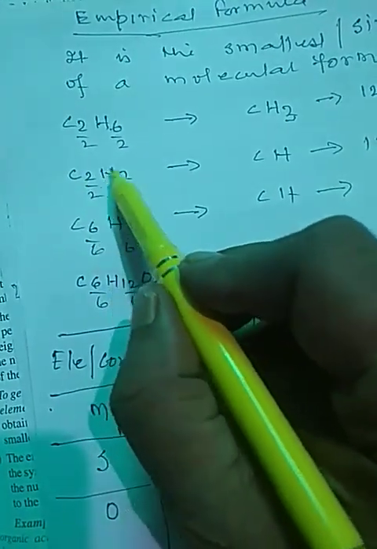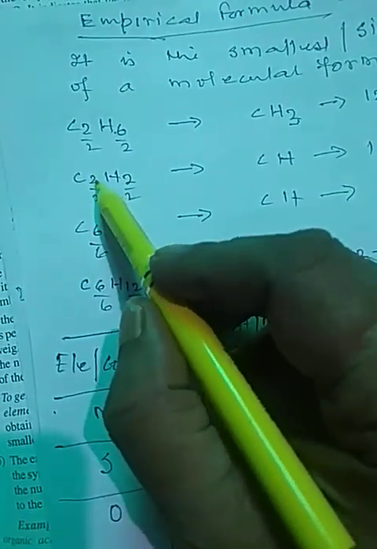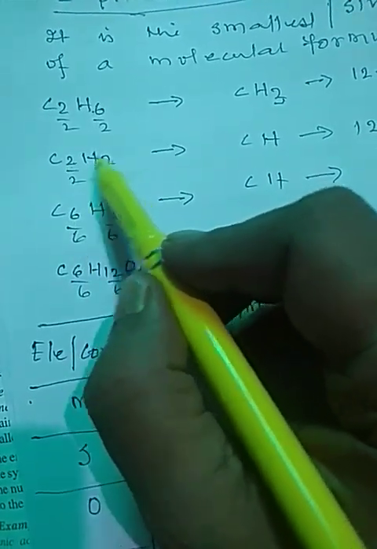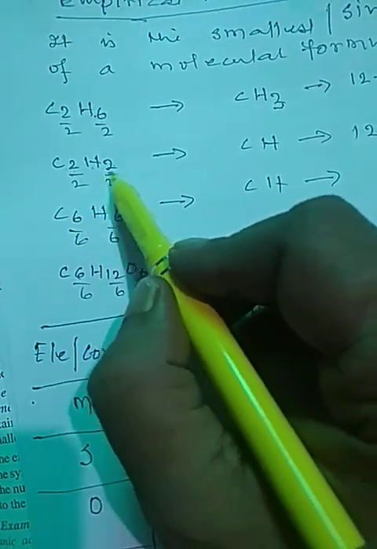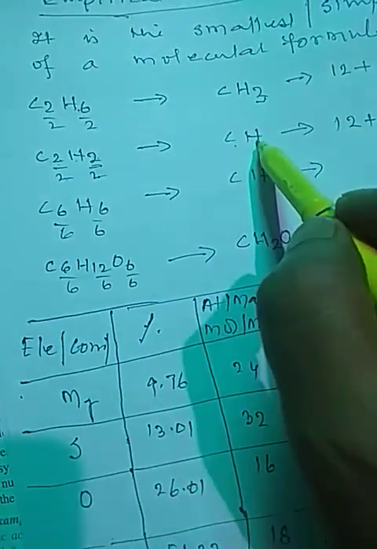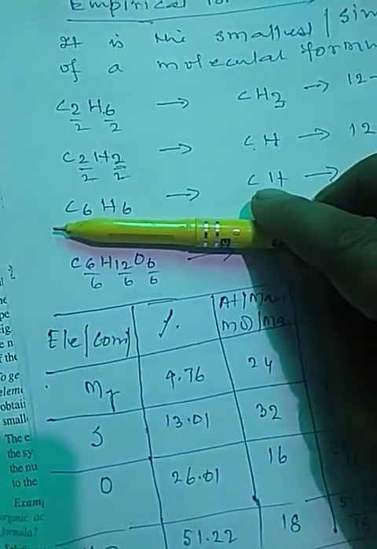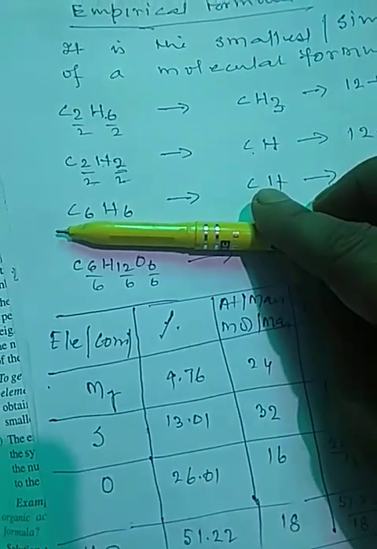Similarly, C2H2. C2H2 is acetylene, or it is also called ethyne. 2 is common. After dividing by 2, it will be CH. Likewise this C6H6. It is called benzene.